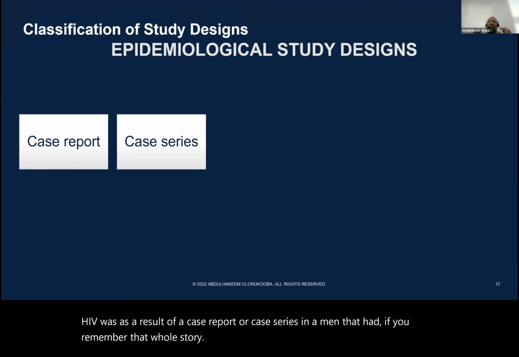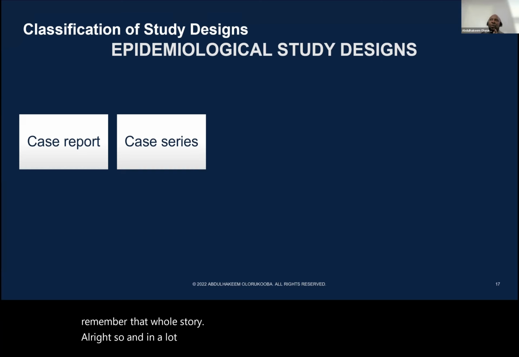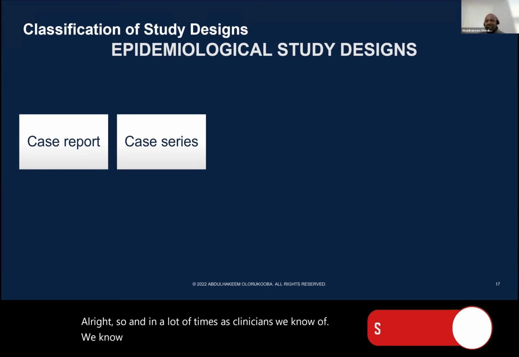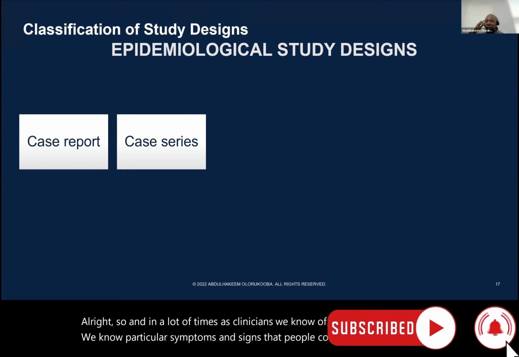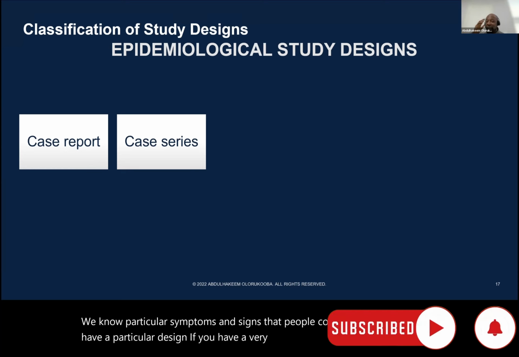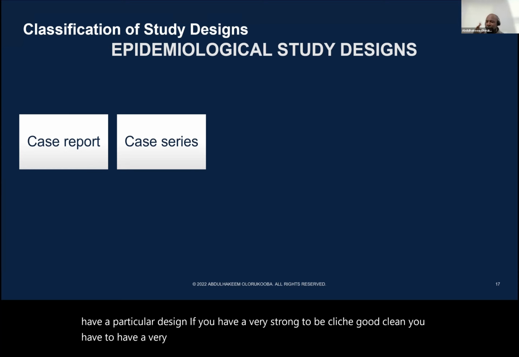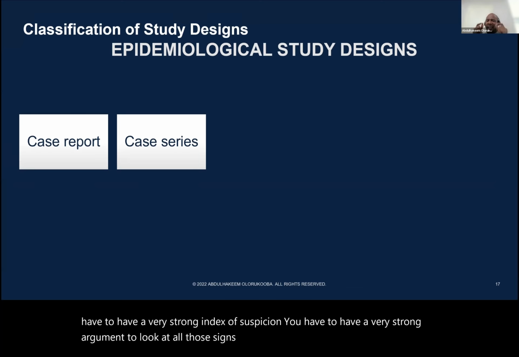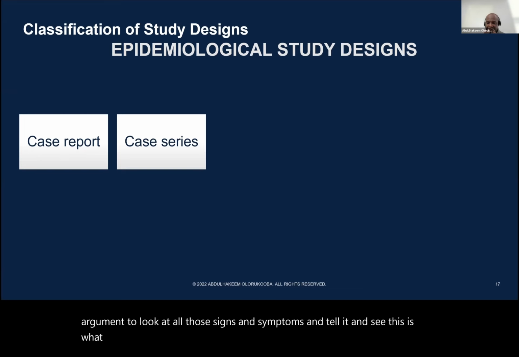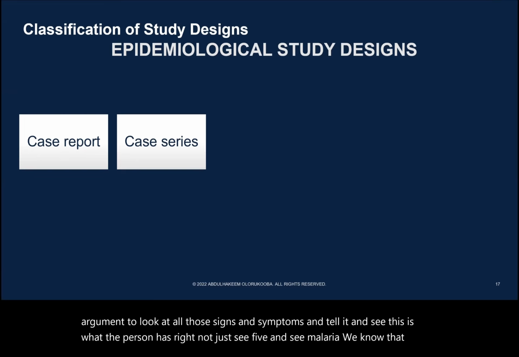As clinicians, we know particular symptoms and signs that people come up with when they have a particular disease. To be a good clinician, you have to have a very strong index of suspicion and acumen to look at all those signs and symptoms and say, this is what the person has. Not just see fever and say malaria. Everybody knows that one.